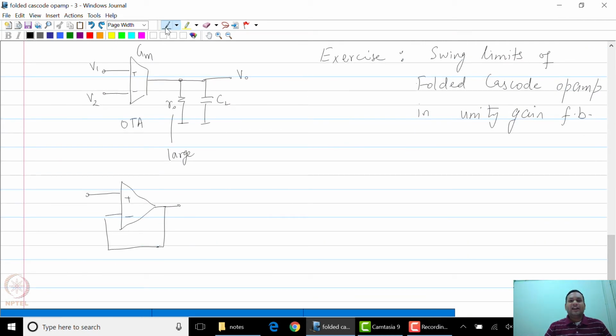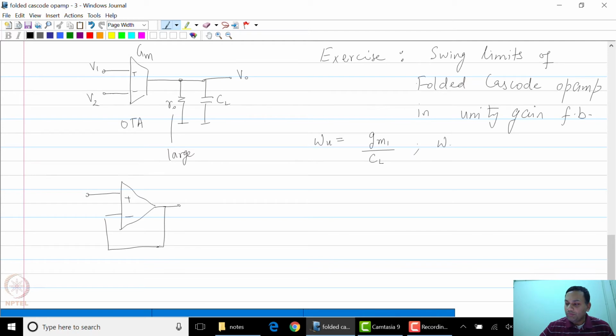What about coming back to the frequency response? In such a structure, you expect it to be a very good integrator. You expect the unity gain frequency to be dominated by the dominant pole, and clearly that should be GM1 over CL.